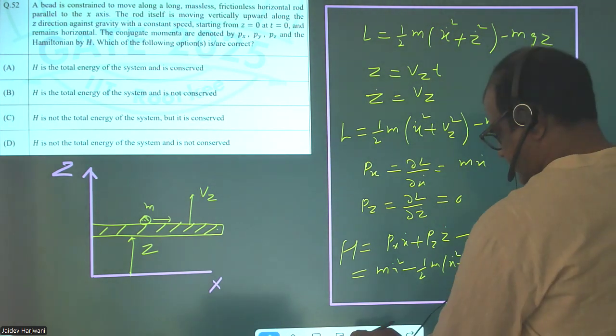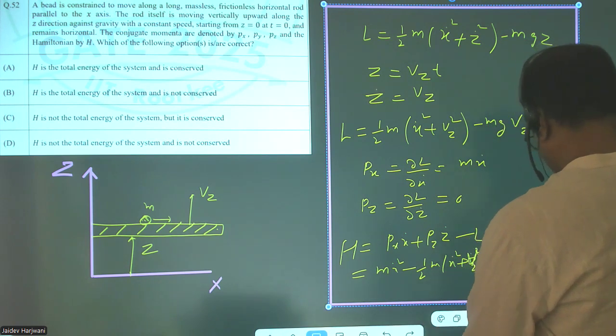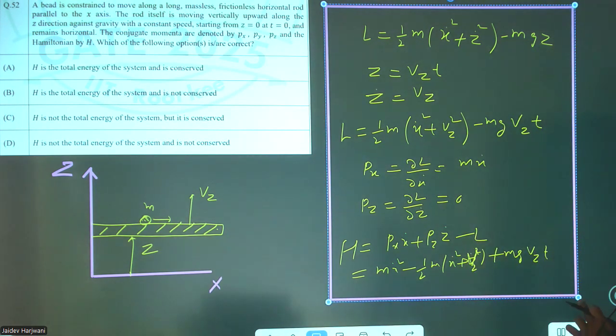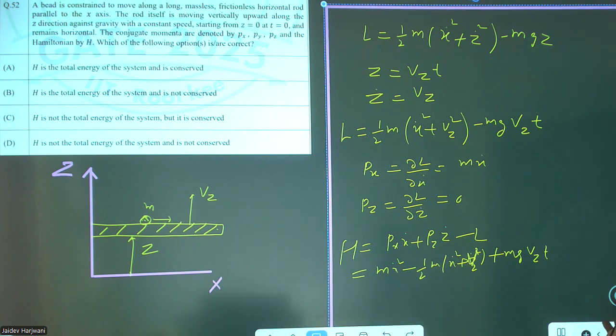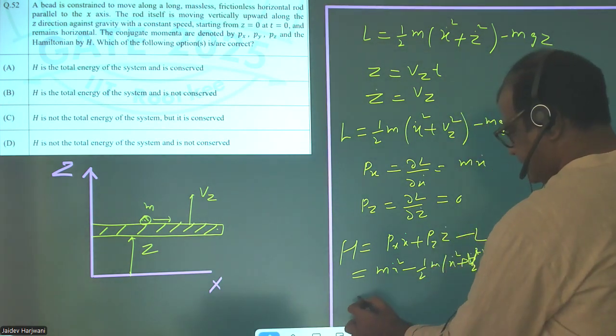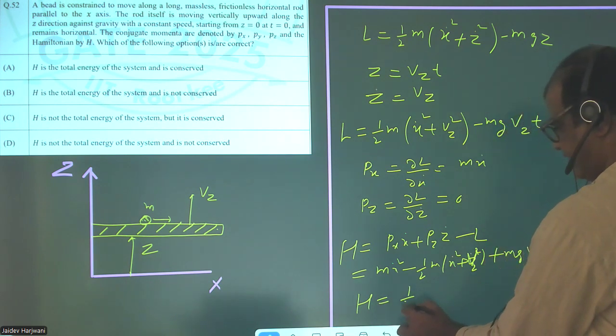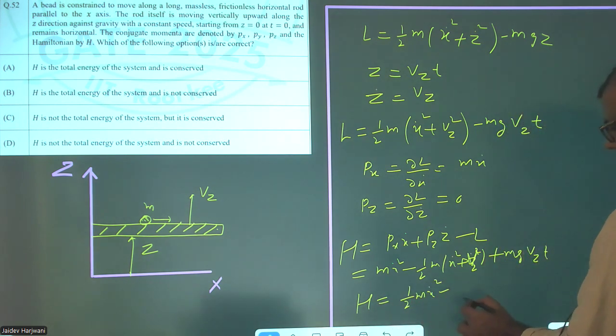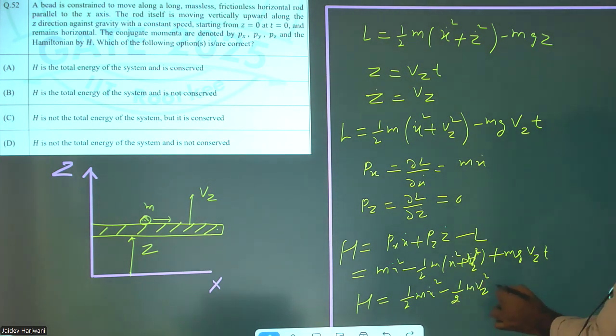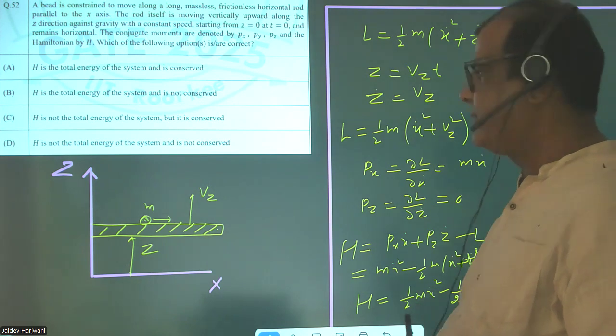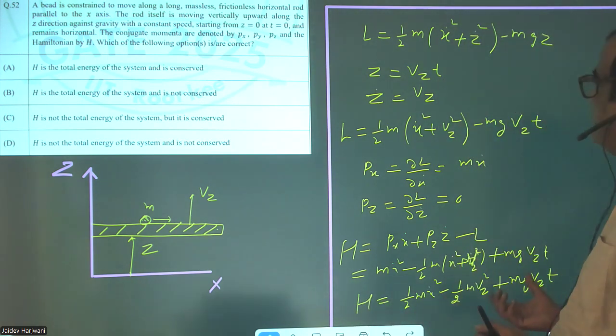So if I solve this further, H is equal to half m x dot square minus half m vz square plus mg vz t. So your time is there. Obviously this expression is not equal to the energy. This expression is not equal to the energy.